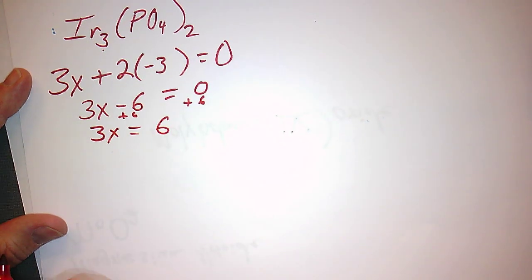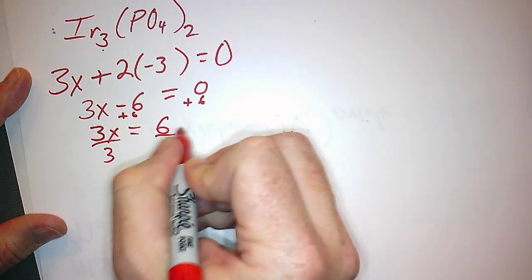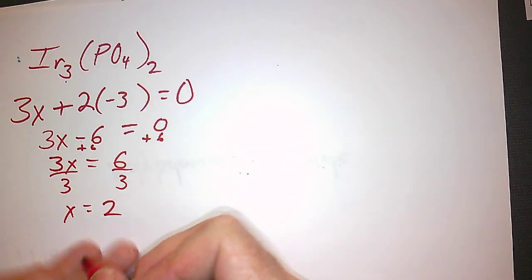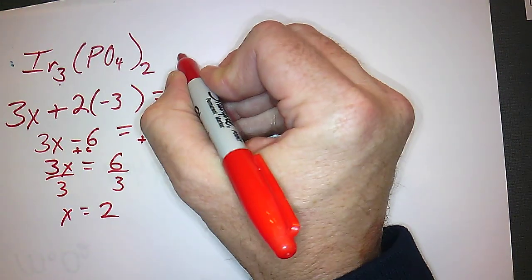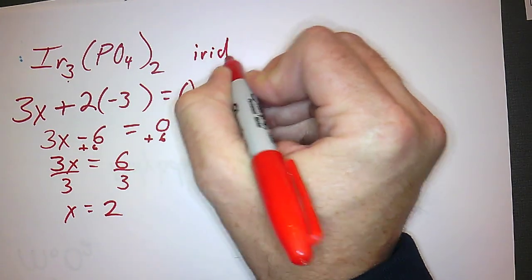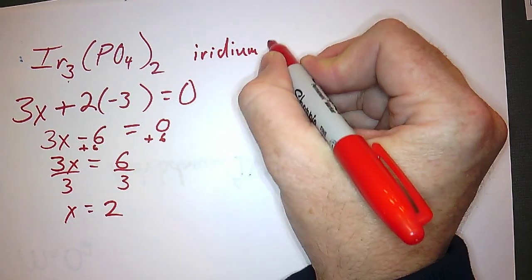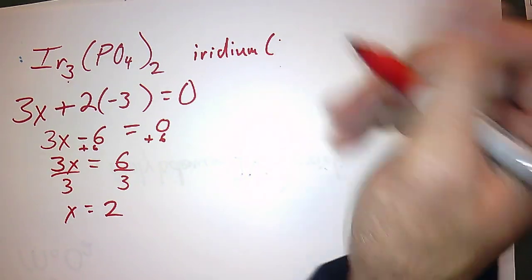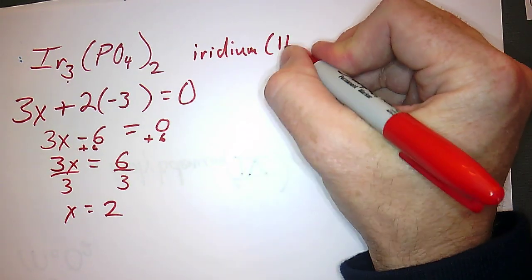Now what? Divide by 3. x equals 2. So then we write the name with a Roman numeral. So iridium, Roman numeral 2. How do you do Roman numeral 2? 2 I's.